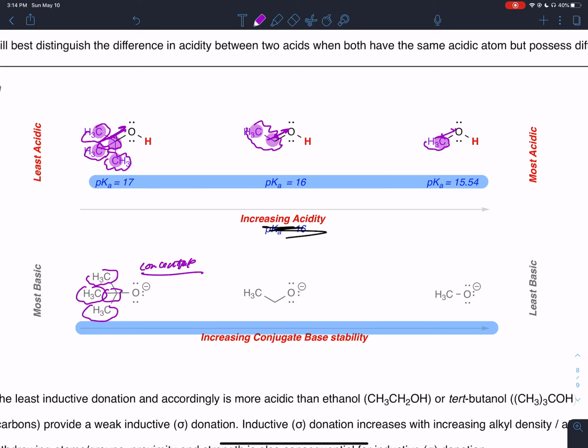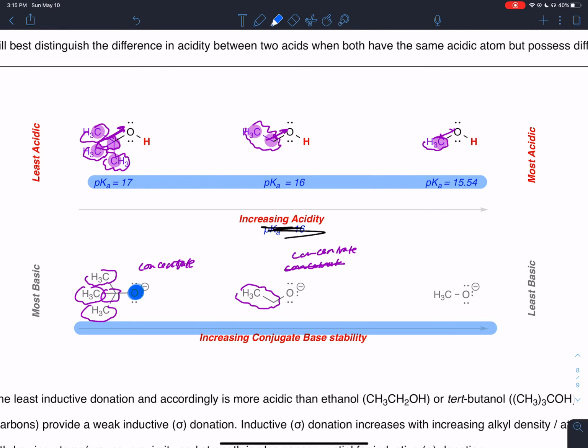So you would say that alkyl density is concentrating the negative charge on the oxygen. This alkyl density is also acting to concentrate the negative on the oxygen. However, it's not going to be as concentrated as the negative charge on this oxygen.